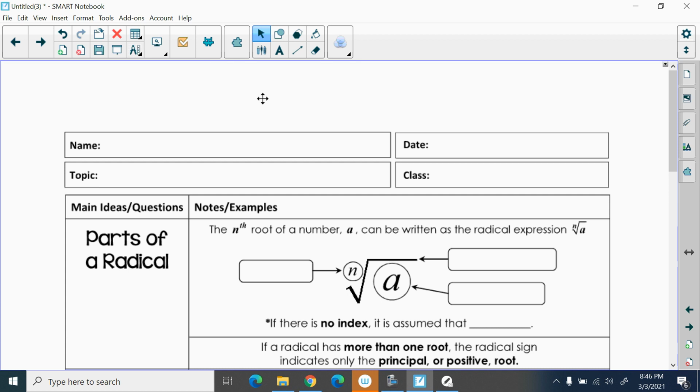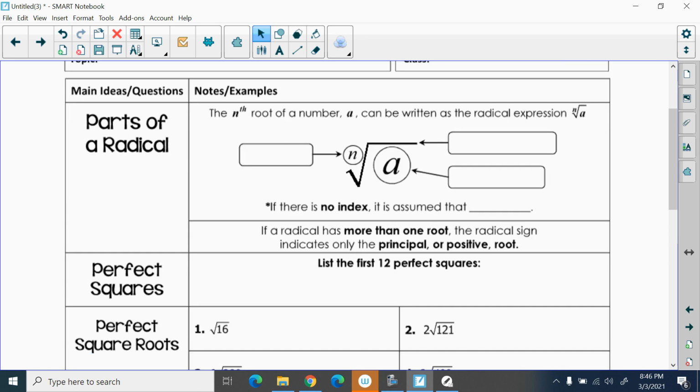So let's talk about radicals. What do we know about them? It's important that you know the vocabulary. The root, which is usually denoted right here, is called the index.